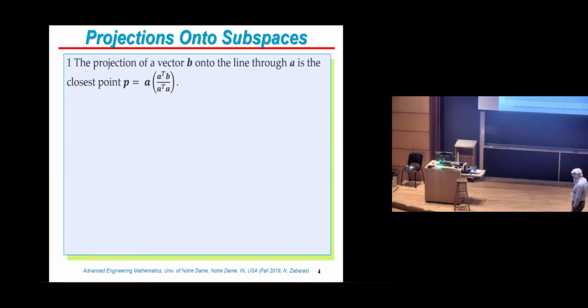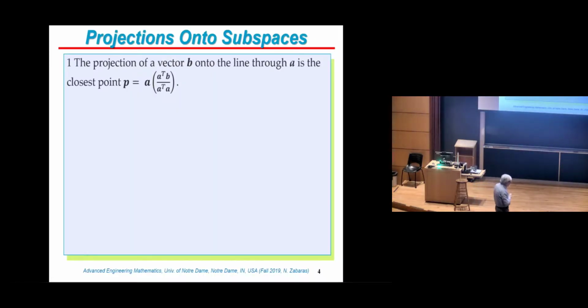And as always, the way our textbook, the book by Professor Strang, always does in every chapter, he summarizes everything. So if you get the first slide, effectively you know what is coming, and the rest is just a little bit of justification here and there. So the first thing we're going to do is projections onto a line.